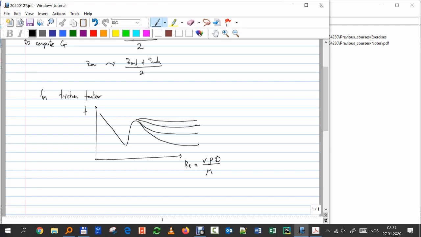And what are these curves a function of? Velocity? No. So it's a property of the pipe. This is going way back to when you took this course the first time.